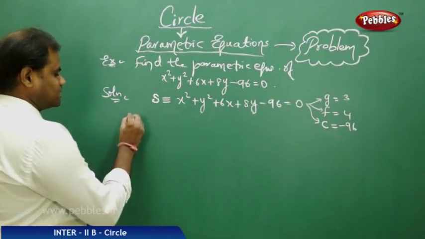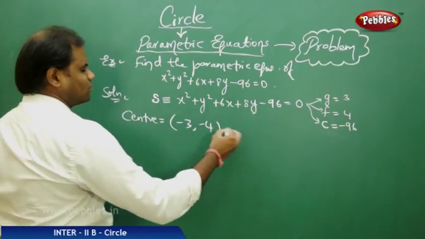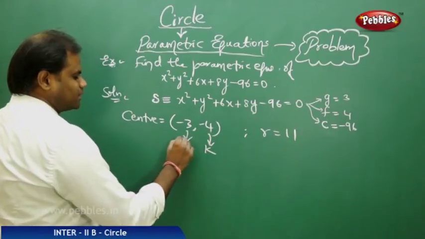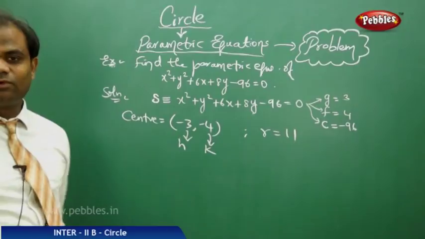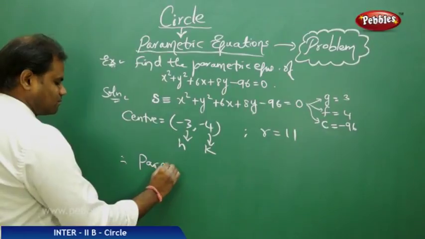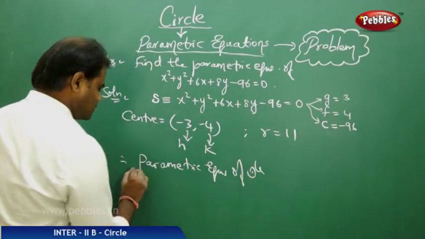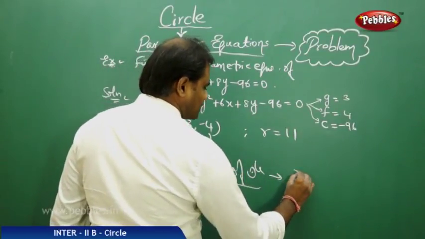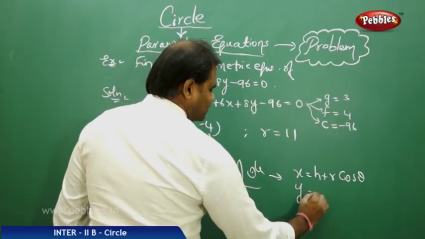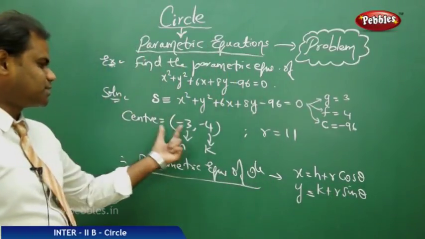Therefore, my center is (minus 3, minus 4) and my radius is 11. Now when I compare the center with (h, k), my h is minus 3 and my k is minus 4. Therefore, the parametric equations of the circle are given by x equals h plus r cos theta and y equals k plus r sin theta, where I substitute h, k and r.